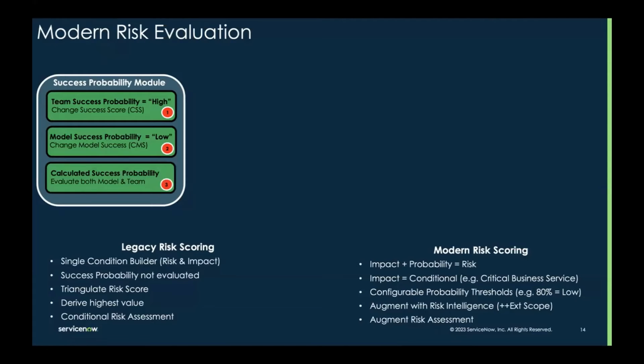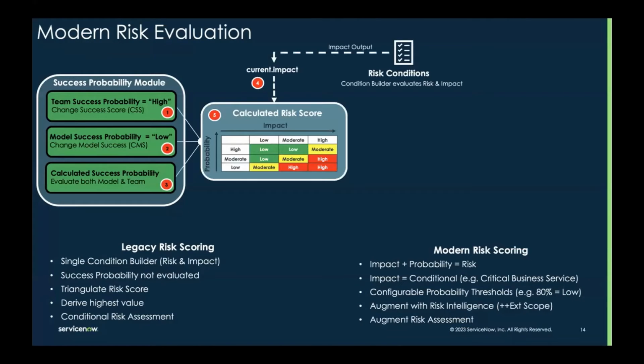And then you can also use a combination of those things to calculate success probability based on those two things. So together, there's kind of a matrix that you can get where you're looking at, as I said, a more industry standard modern way of calculating risk based on the impact of the change and the probability of the change succeeding, which is based on all those different factors.